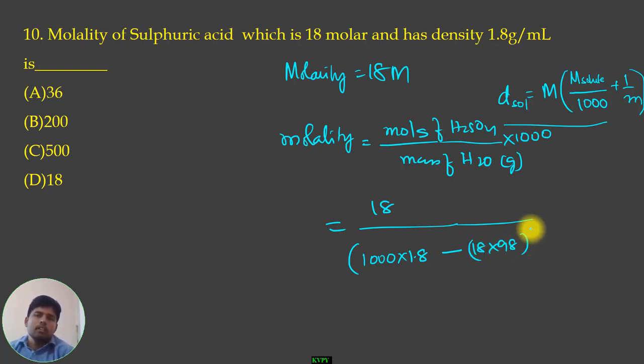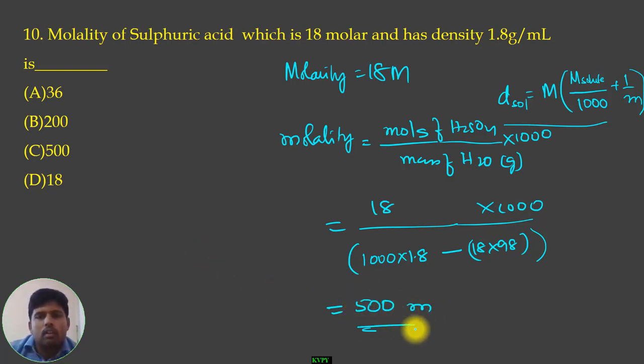So we have to subtract this mass of solute from the solution mass. So on calculation, it is 1800 minus 18 into 98, which is equal to 500 is what I get. So the mass of water is 500 g, and molality will be 18 into 1000 by 500. So that's the answer.